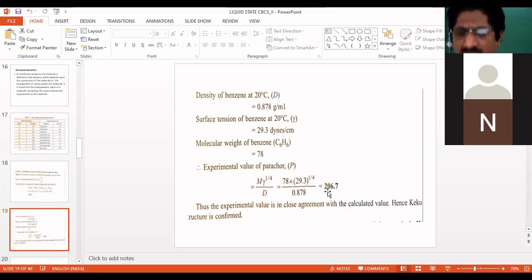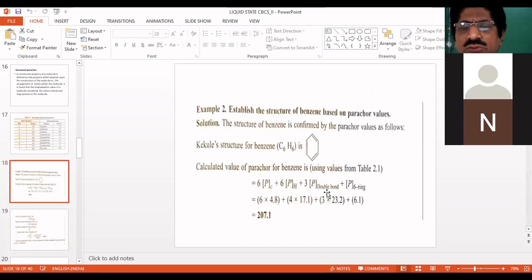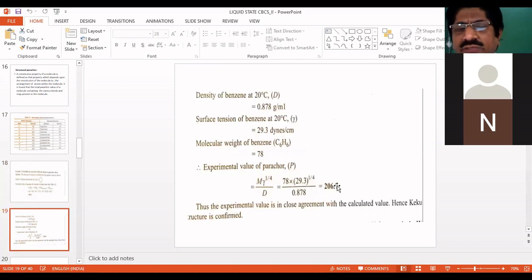The calculated value is 207.1 and the experimental value is 206.7. So both values are very close to one another.